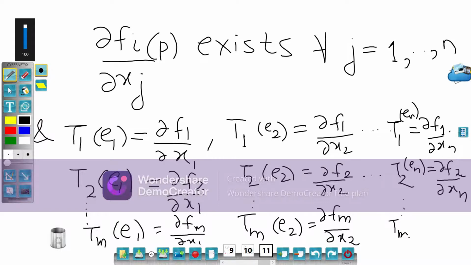So tm evaluated at en will be dou fm upon dou xn, and this is all evaluated at p, which should be noted.